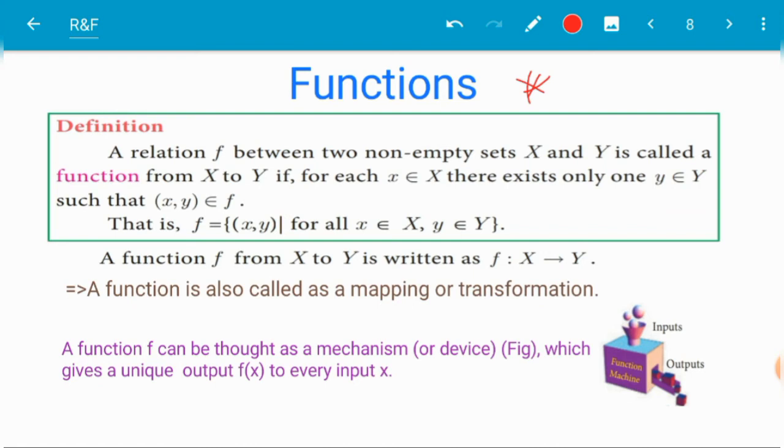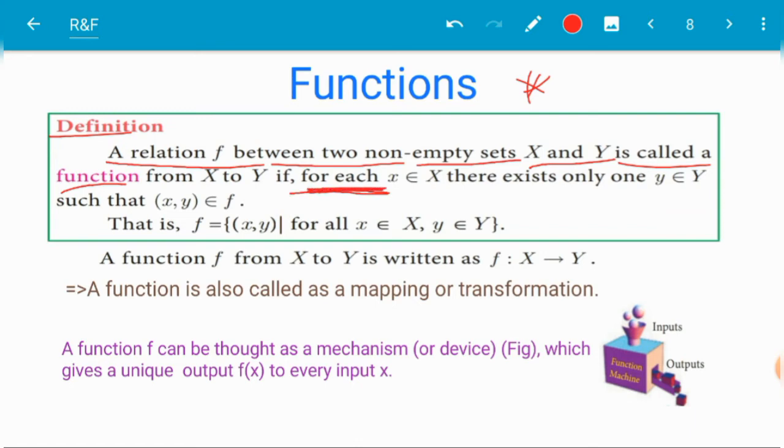What is the definition? Look here. A relation f between two non-empty sets X and Y is called a function. When do we call a relation a function? Super important words, you have to underline here. Every word is useful and important.